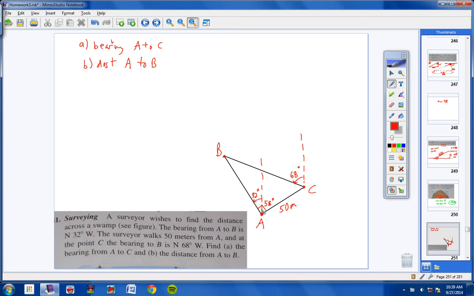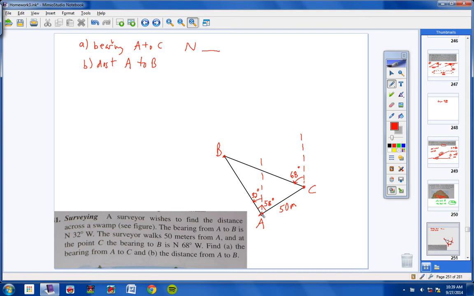If you'll look right here, we're going from A to C. So we're going north or we're going south. Well, obviously we're going up, so I know my bearing is going to be north. Then I'll put a blank, and then I went north, and then I rotated east.